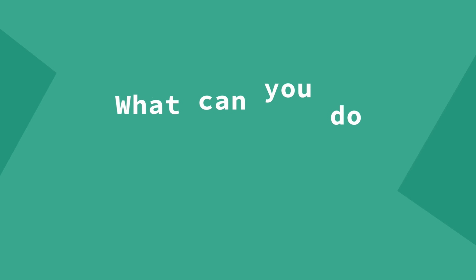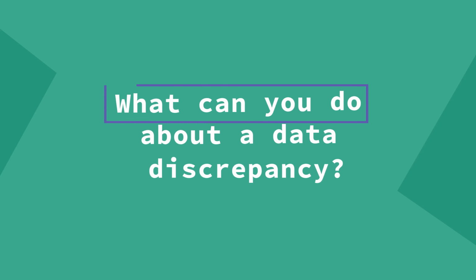Now that you know what causes the data discrepancies, let's talk about what you can do about them. Here's the honest answer. Not all of them can be fixed. Some you just need to understand and account for. Attribution model differences and data processing delays fall into this category.